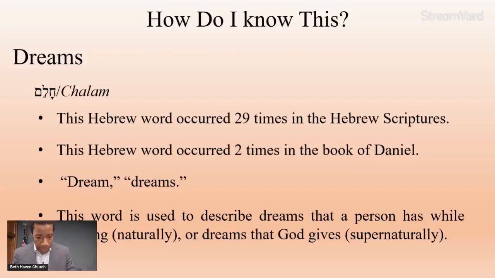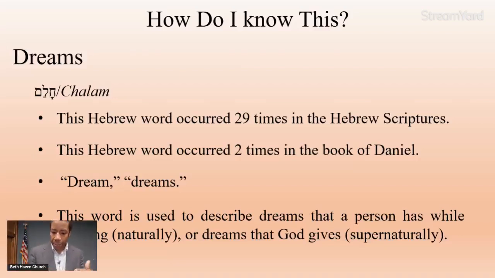Or it can be that a person has this dream supernaturally by God. This is important to know because in chapter 1, it is underscored that Daniel was able to explain these dreams by God himself, or through the explanation that he would give Daniel.